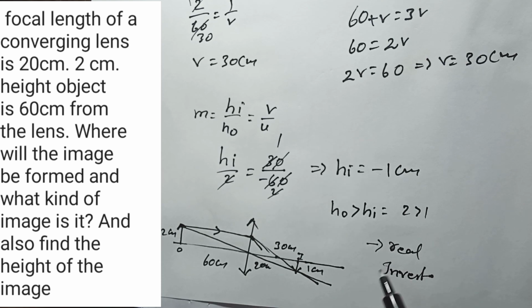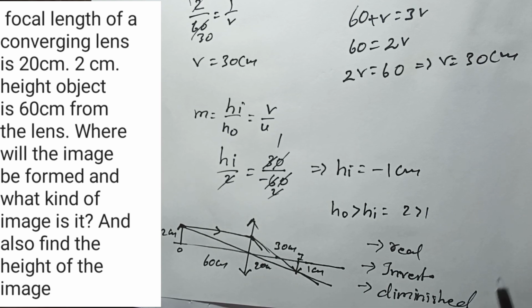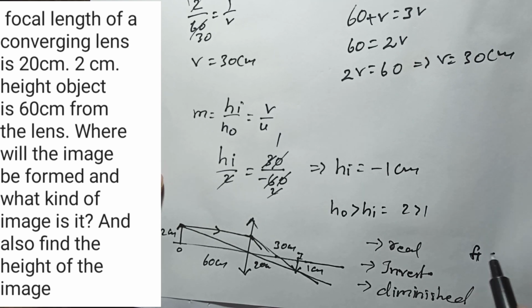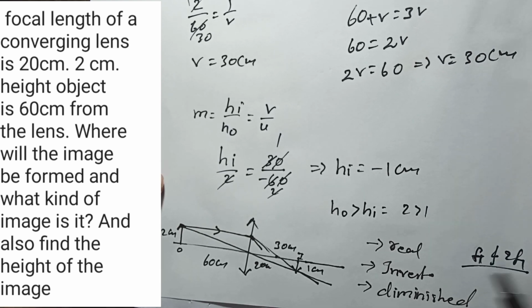And next, diminished image. So where do you get the image? Between center of curvature and focus, F2 to F1, that means if you take it as F1 to 2F1, image position between F1 and 2F1.